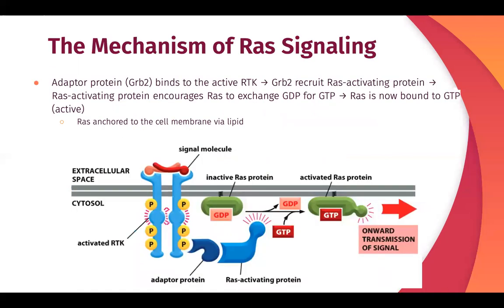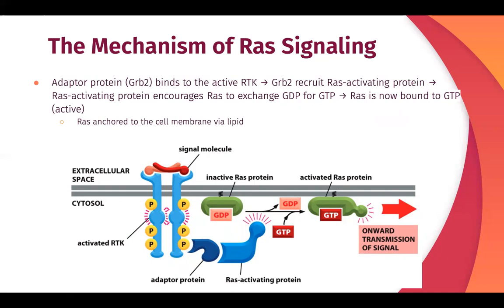Okay, so the next step is the RAS part of the pathway. So we have this in dark blue here, adapter protein. The adapter protein is GRB2, that binds to the active RTK.